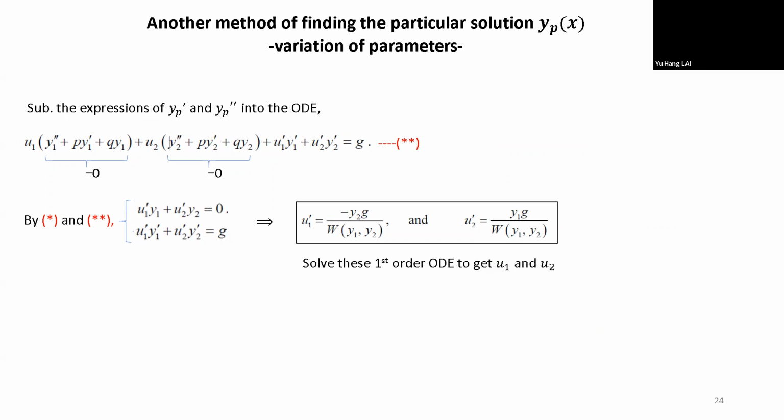And what are the unknowns? The unknowns are this U1 prime and this U2 prime. So let me rewrite this in matrix form.